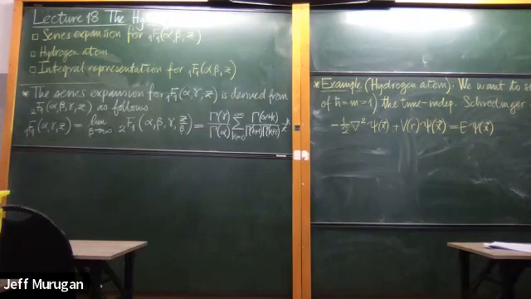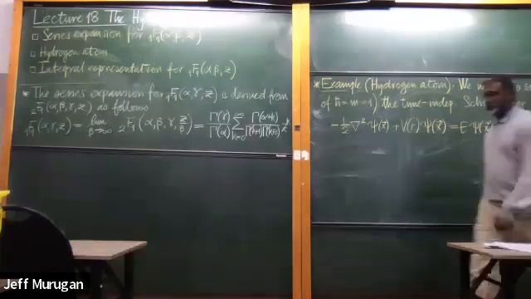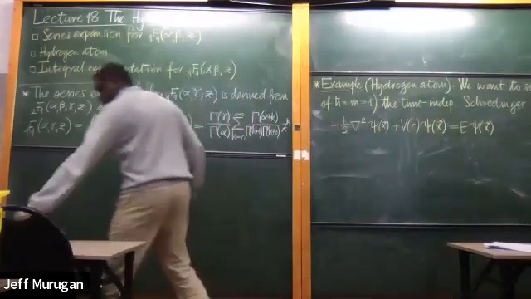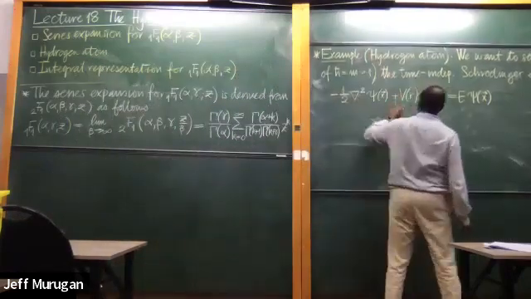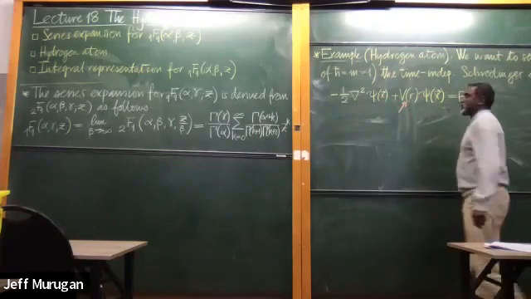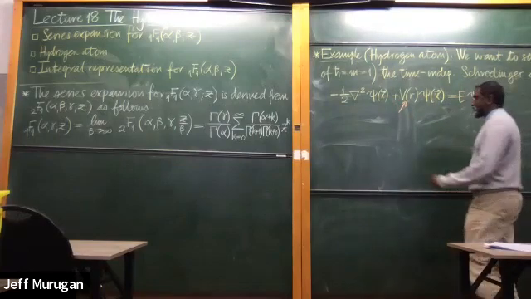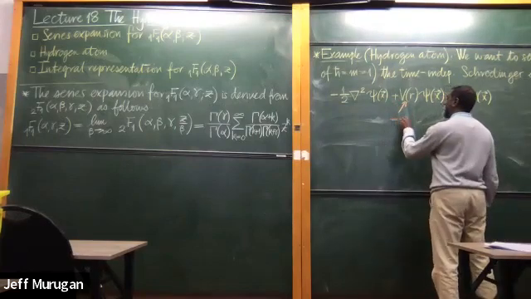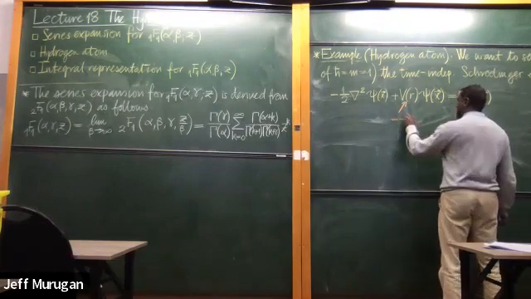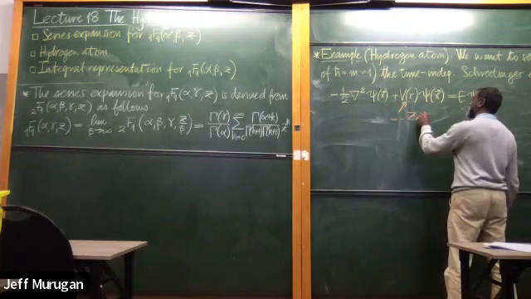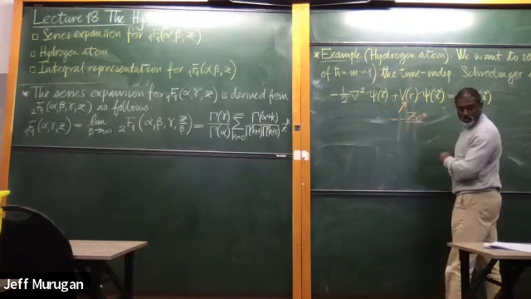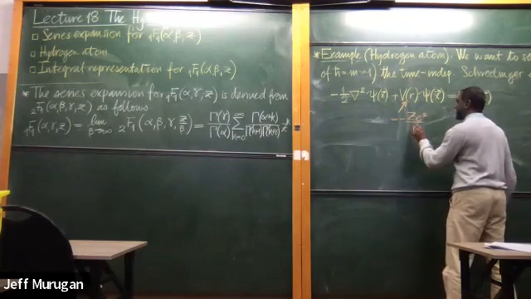So we want to solve this eigenvalue problem. I'm thinking of the Laplacian as an operator. This potential here for the hydrogen atom is equal to minus capital Z e squared over r.